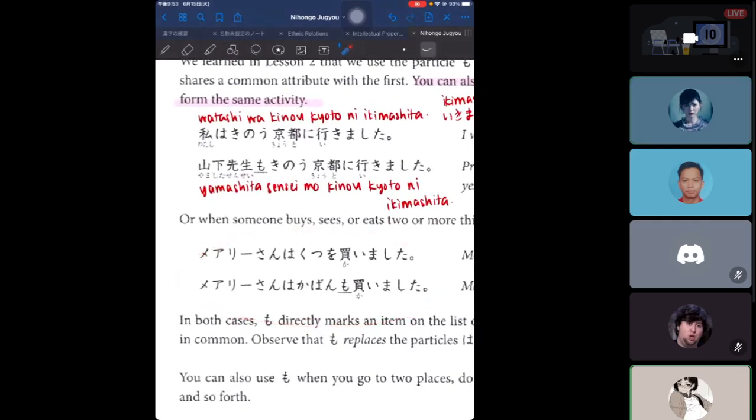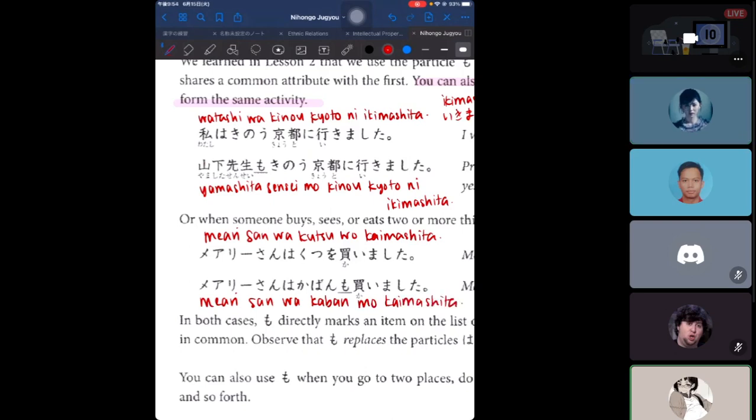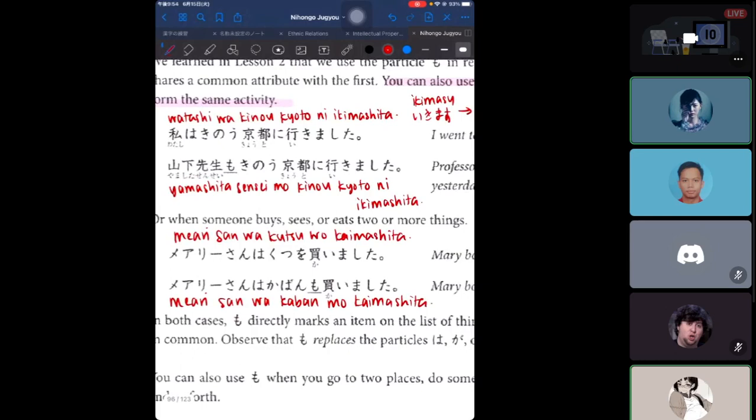メアリーさんは靴を買いました。Second one, メアリーさんはカバンも買いました。 So Mary-san bought shoes. そうそうそう。What is 靴?